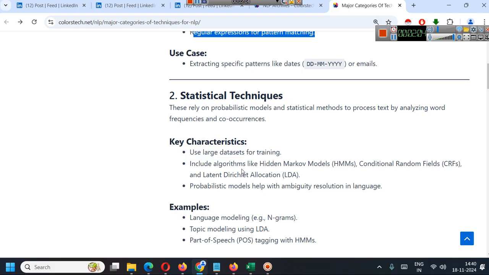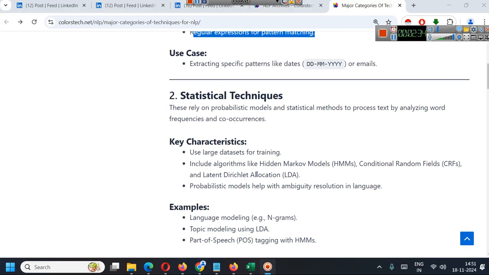It includes algorithms like hidden Markov models, which are also known as HMMs, conditional random fields, which are CRFs, and LDA. Probabilistic models help with ambiguity resolution in language. So this is very important for ambiguity resolution. We will see these techniques later, but you have to understand that the second major category is this.